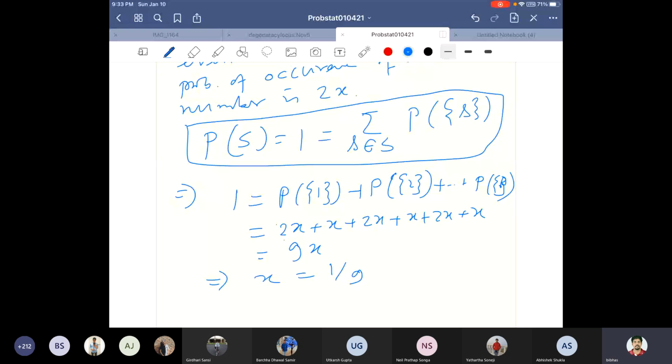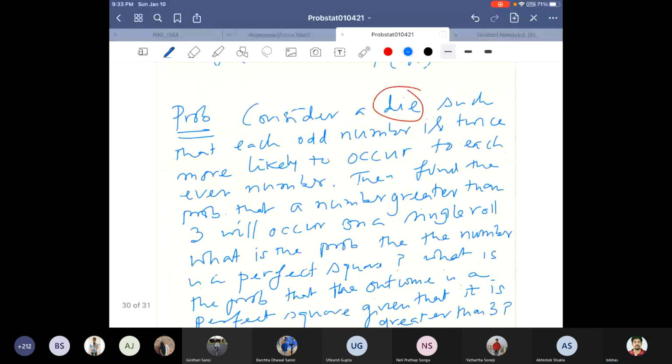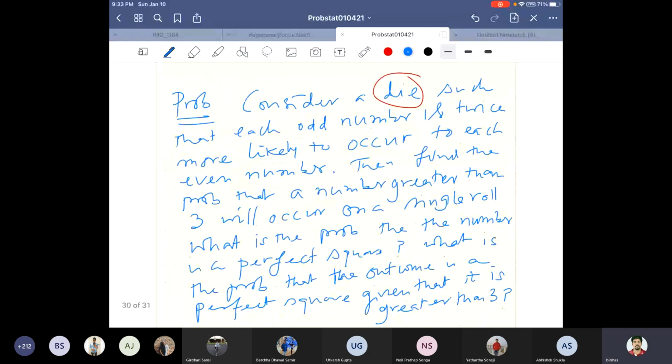Now let us go back to the question. This was my question. The first question was: find the probability that a number greater than 3 will occur on a single roll. Greater than 3 means either 4, 5, or 6 can appear.